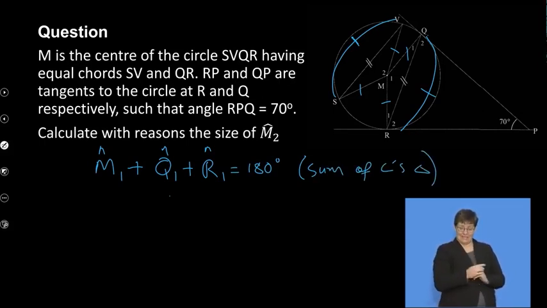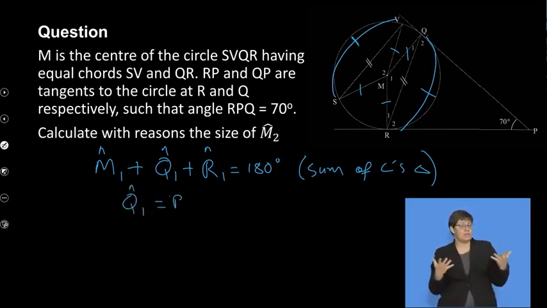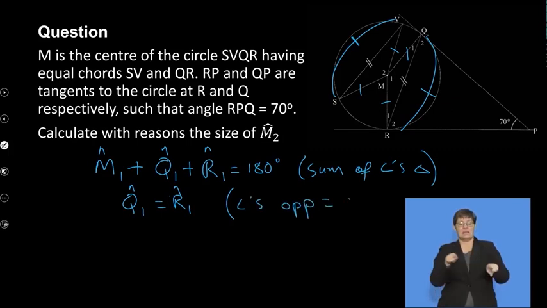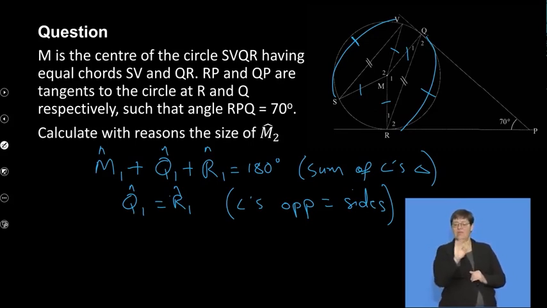Based on this, I will then say, but before I can claim this, I will firstly say Q1 is equal to R1, because this is angles opposite equal sides, right? And this will then be what I will use to try and find the value of M1, right? Because I know what Q1 is, which was 35.